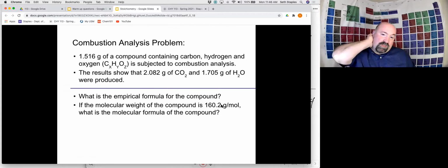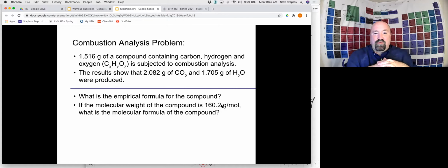Let's demonstrate this with an example. In this example here, we have 1.516 grams of a generic hydrocarbon that contains only carbon, hydrogen, and oxygen. And we have our generic formula for that right here, CxHyOz.